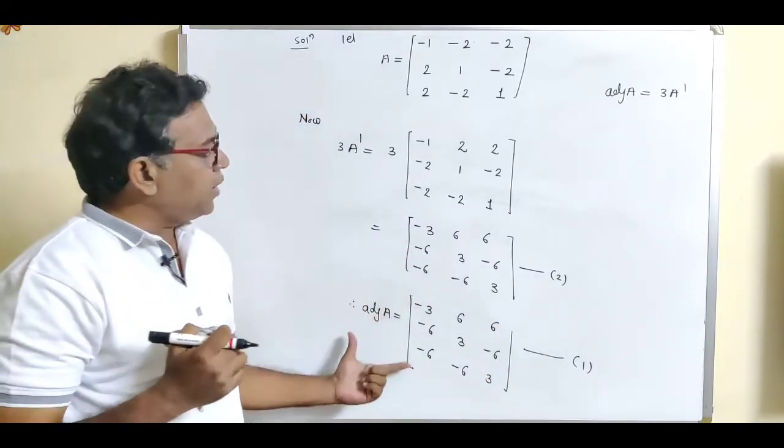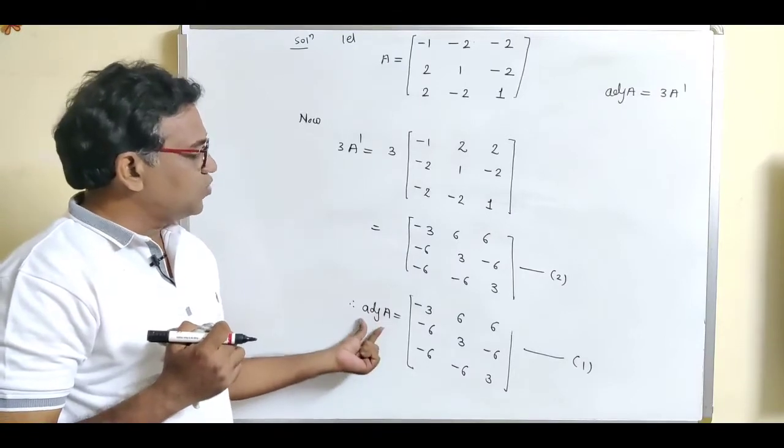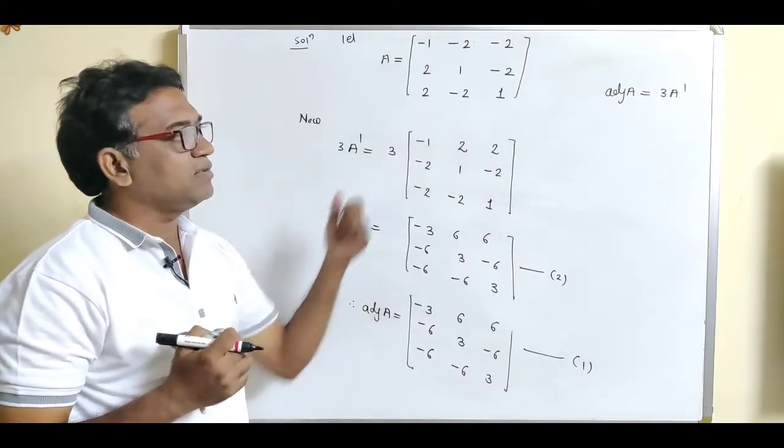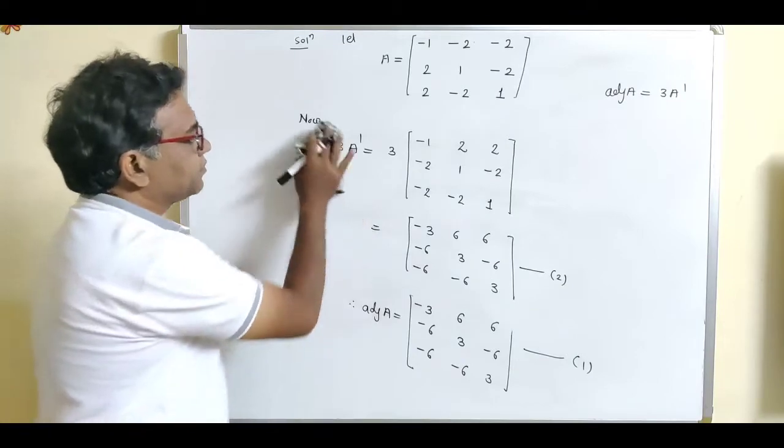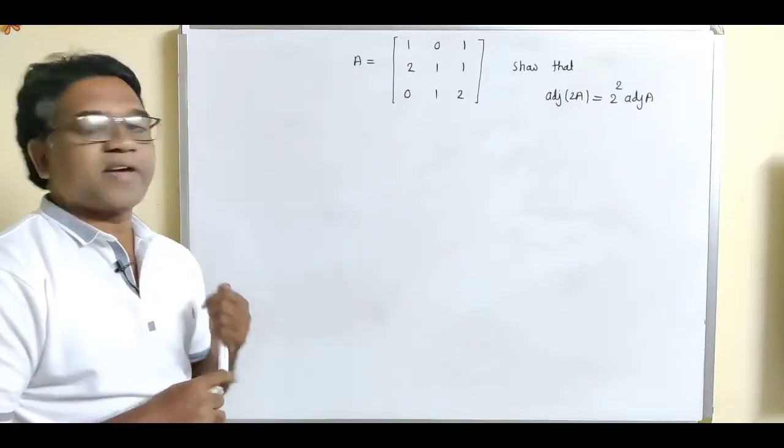So from equations 1 and 2, we can observe that adjoint of A is equal to 3A dash, that is the required answer. Now say this is the second example.